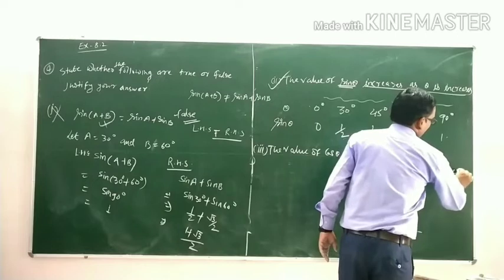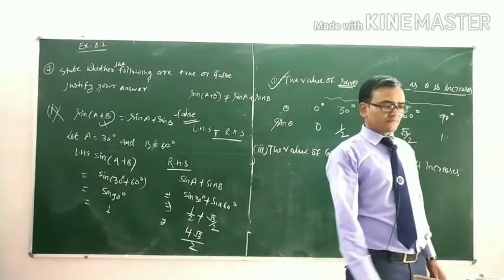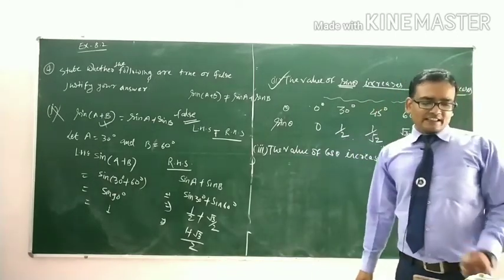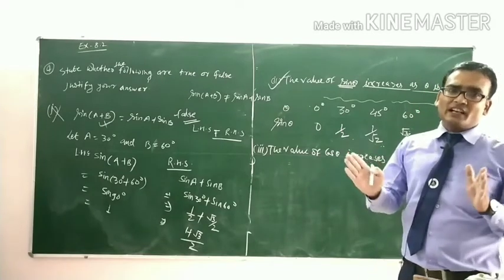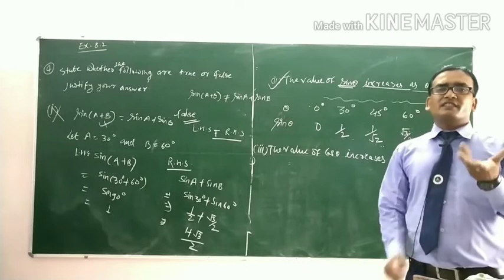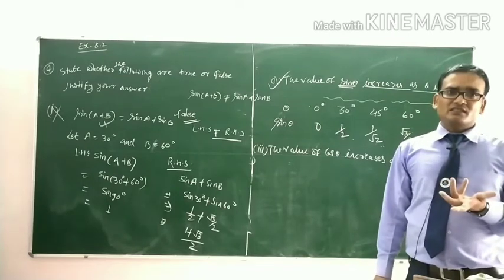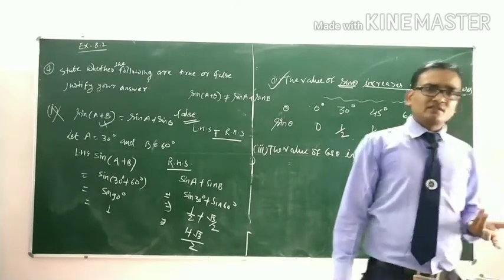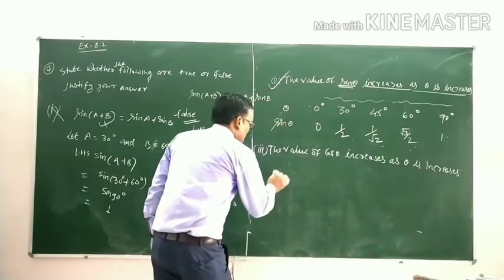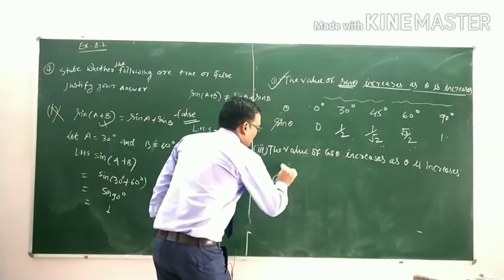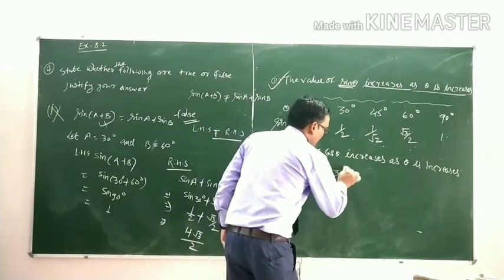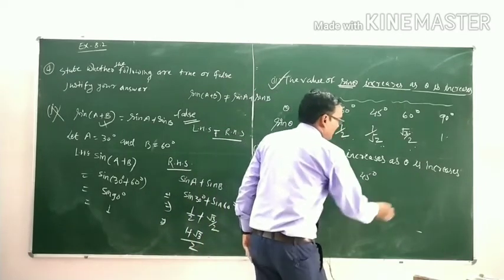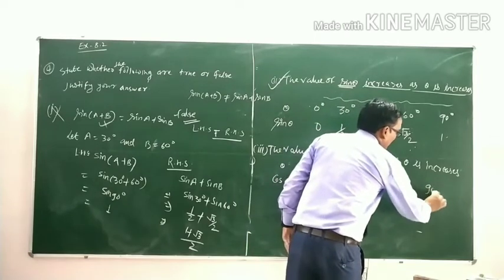That means if the value of theta increases, then cos theta also increases. Cos theta, where the value of theta is 0 degree, 30 degree, 45 degree, 60 degree and 90 degree.